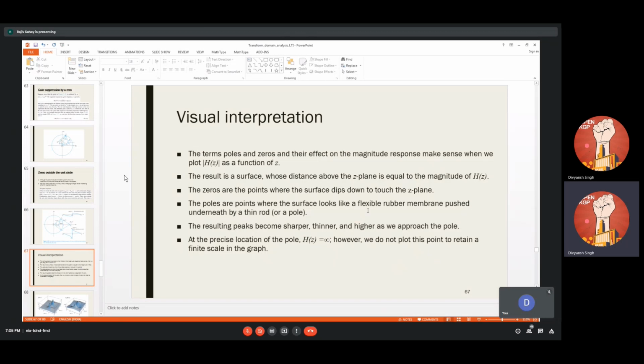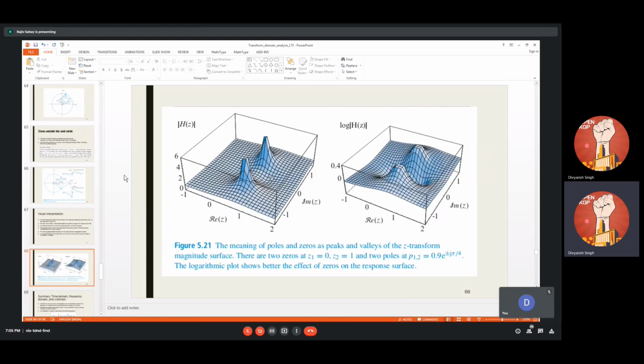However, we do not plot this point. So look at this: we have a surface, mod of H(z). At poles, the surface starts to increase towards infinity. We have just cut these two graphs. So the meaning of poles and zeros are peaks and valleys of the z transform magnitude surface.